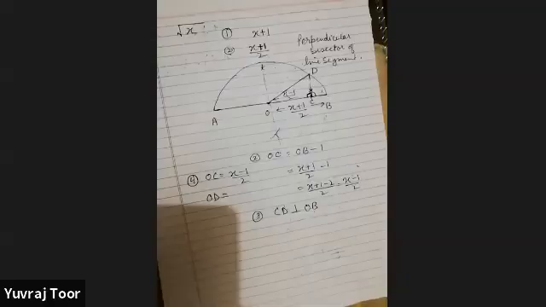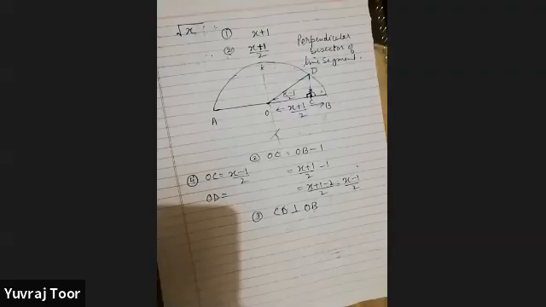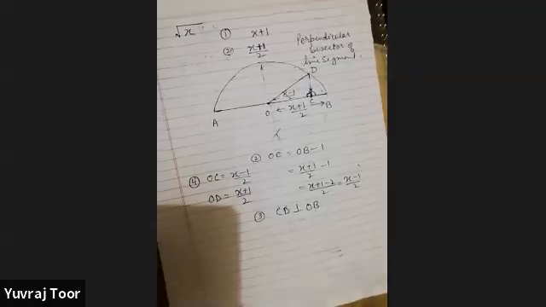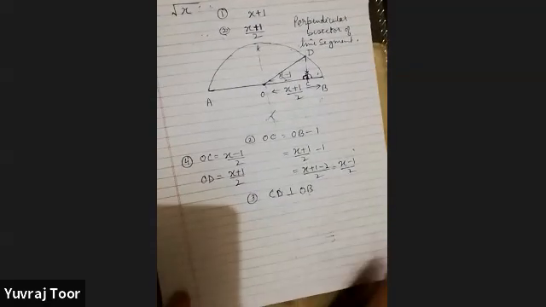What is the length of OB? Sir, OB is x plus 1 by 2. Then what is the length of OD? Sir, x plus 1 by 2. So it is x plus 1 by 2. Okay. So now let's see the Pythagoras, from where the irrational concept came.